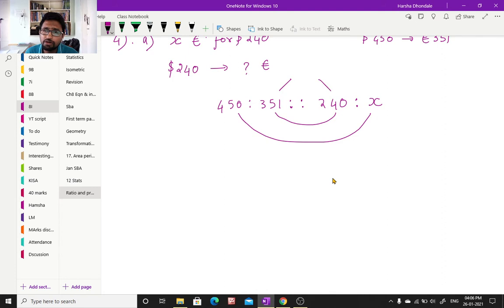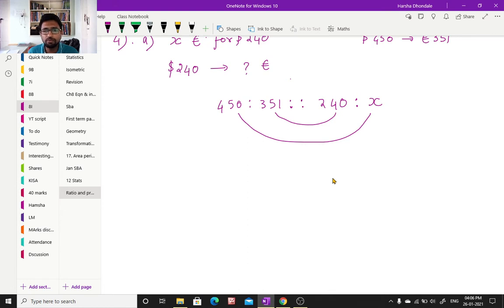These two are called means, and these are called extremes. When you multiply the means, that product will be equal to the product of extremes. If you find all these technical words difficult, I mean you should know these technical words, but anyway you remember these smileys.